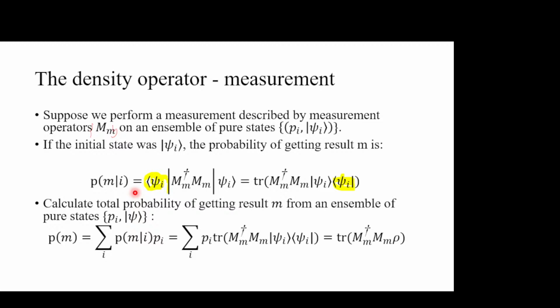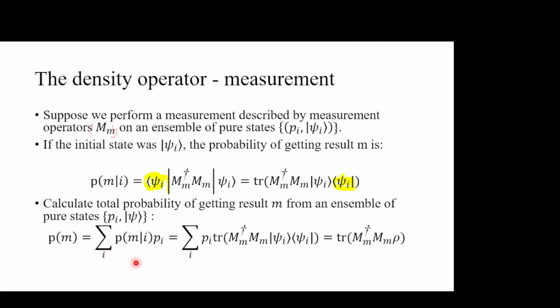And now we want to know the total probability of getting outcome m when you are given this ensemble of pure states. This is basically why we need to use the chain rule of probability. So the total outcome probability is the conditional probability times the probability that you have psi_i to start with.